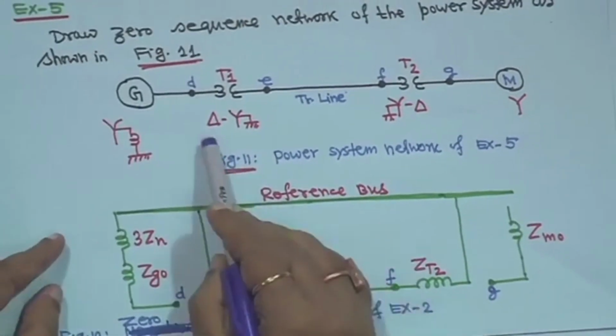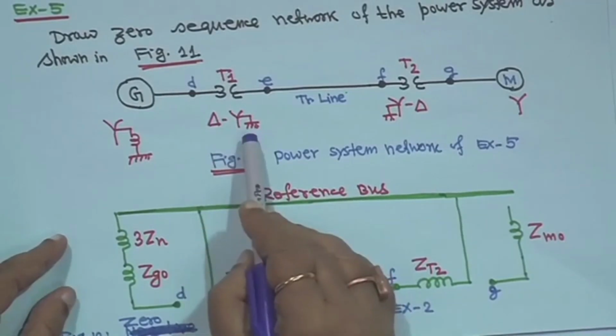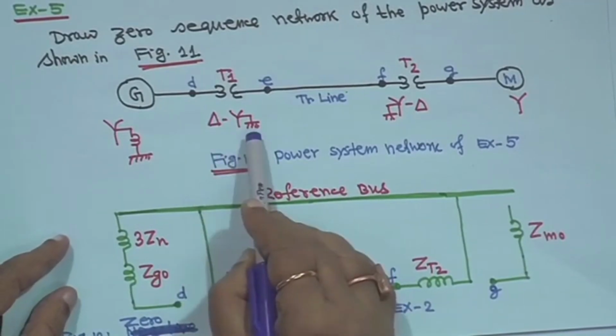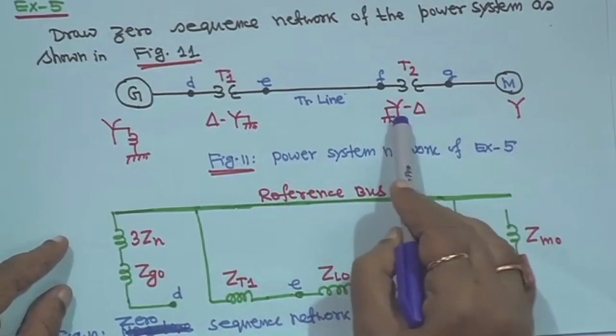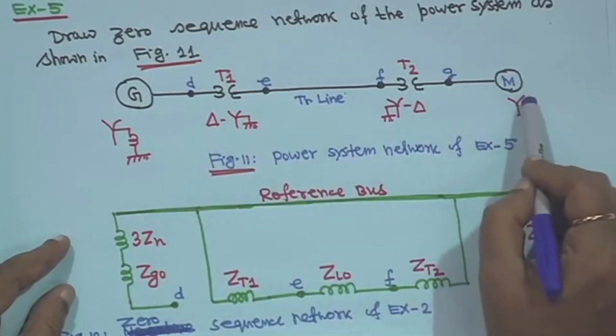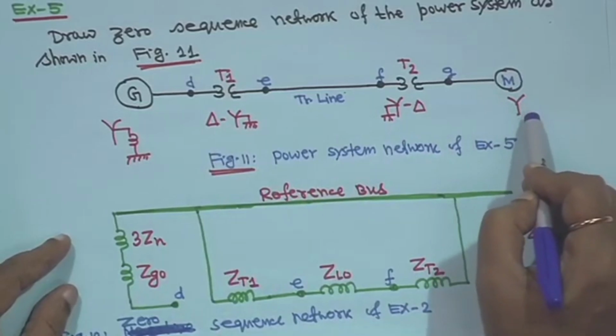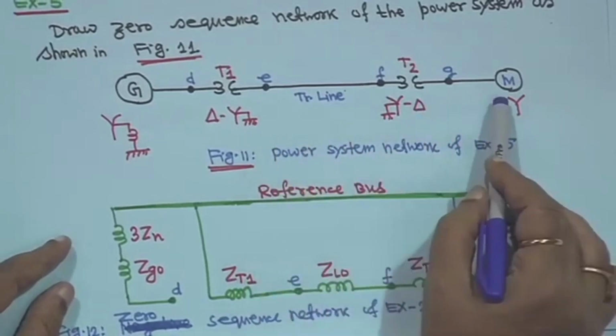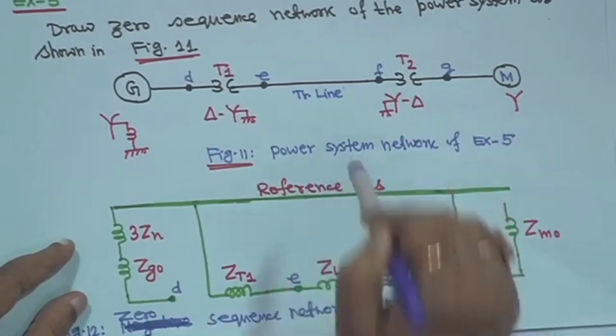This is your delta-star connected transformer, and the star is grounded. This is star-delta, with the star grounded, and this is the motor. The generator is supplying power to the motor, and this is your star but ungrounded. Parameters are not given, but you have to assume something and make it.